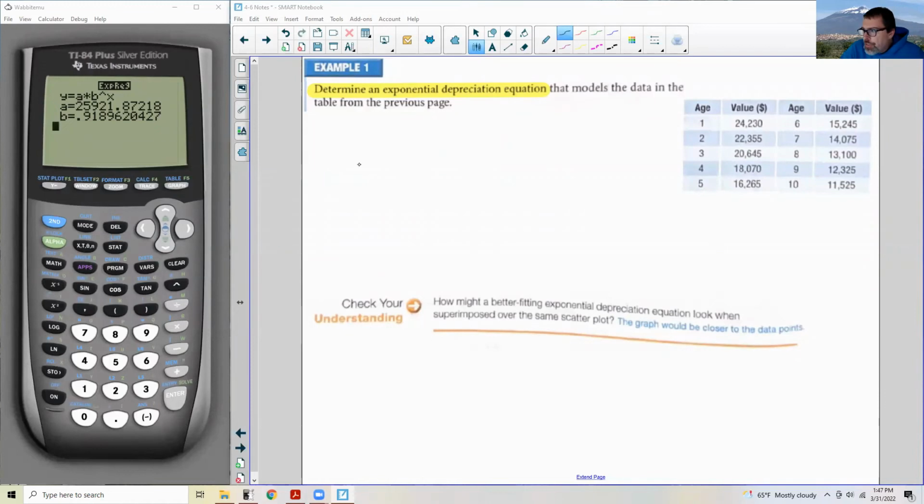Okay, so my equation is going to be Y equals, and A is 25,921.87, going out a couple decimal places, times B to the X. So B is 0.91896, to the power of X. So there's the equation.